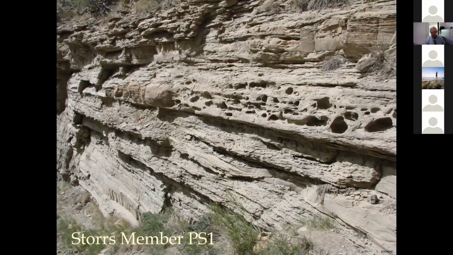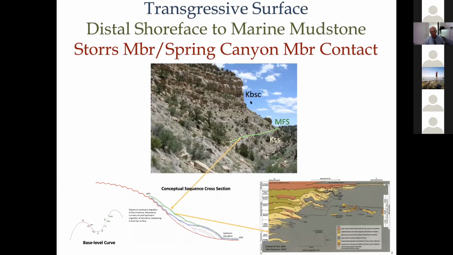So this is that same interval down there. The Panther tongue is out of the picture, and these are the two sandstones that I just showed. And then the Spring Canyon that we looked at earlier is right up through here. Now I'm going through this really fast, so hopefully it's making sense. Okay, just another picture of the same thing. Panther at the bottom.